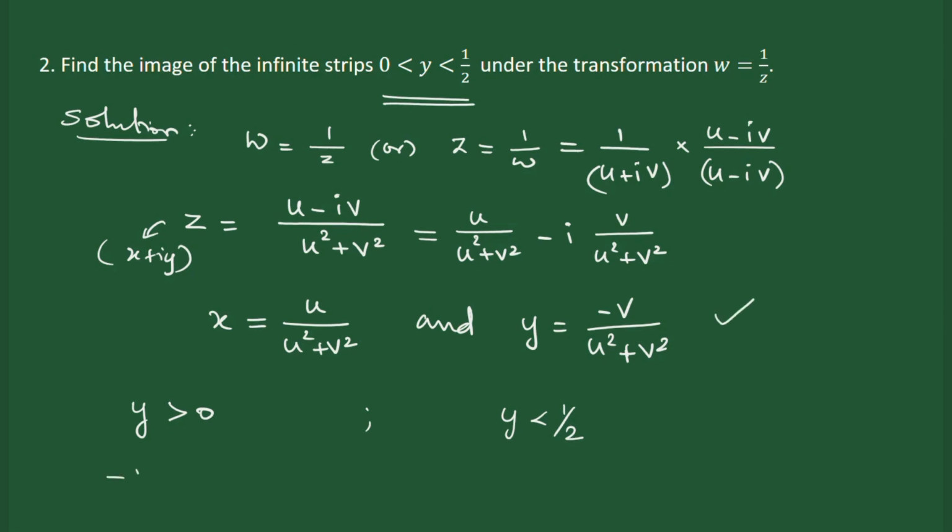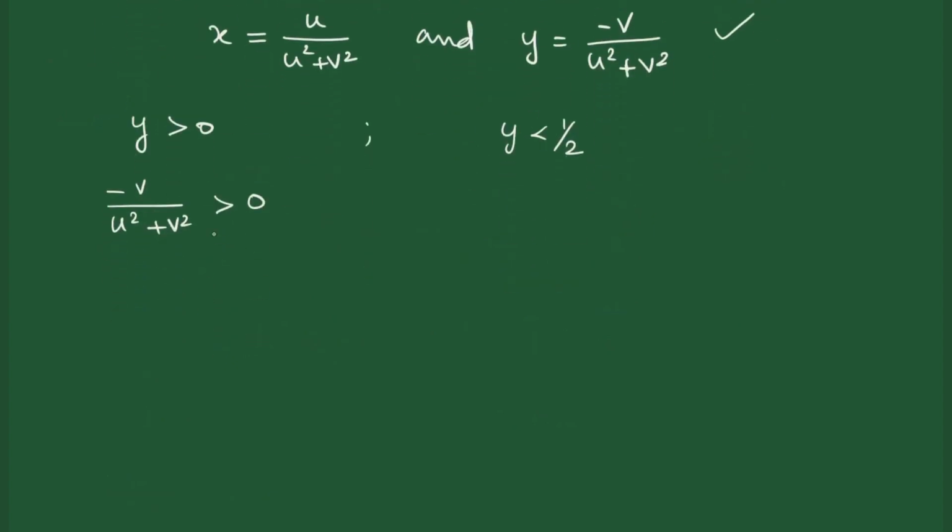So we can write minus v by u square plus v square is greater than 0. Cross multiplying this, we will get minus v greater than 0. If minus v greater than 0, then v should be less than or equal to 0. So this is one inequality.